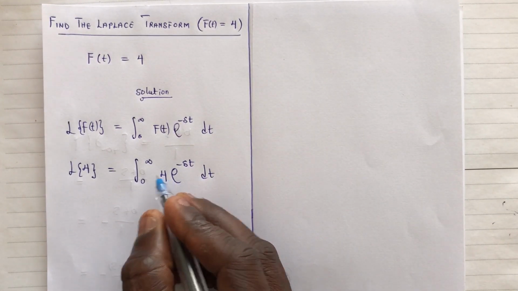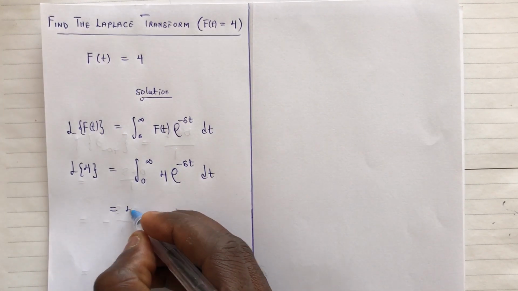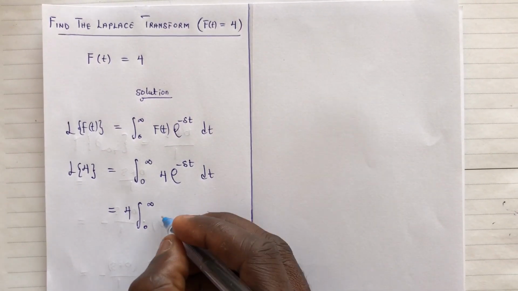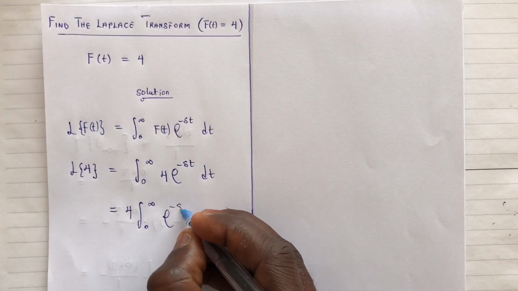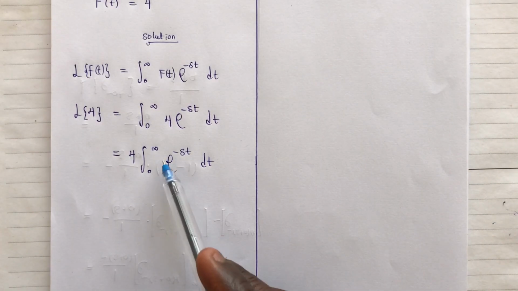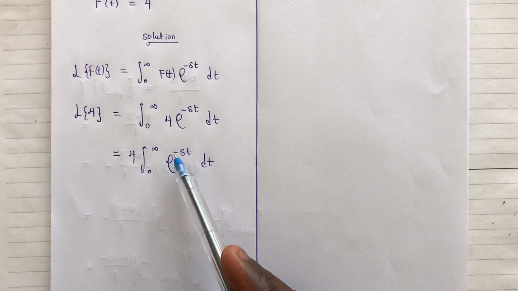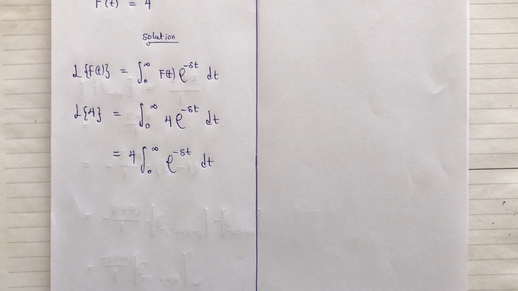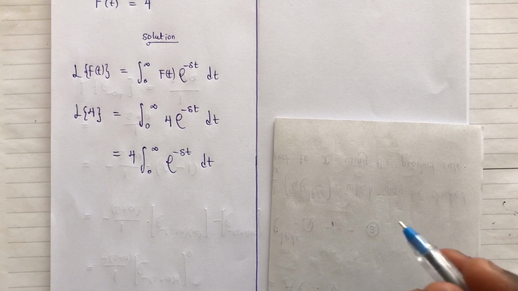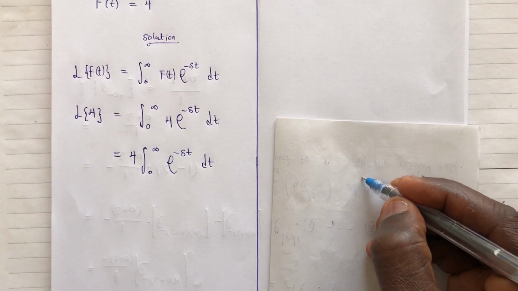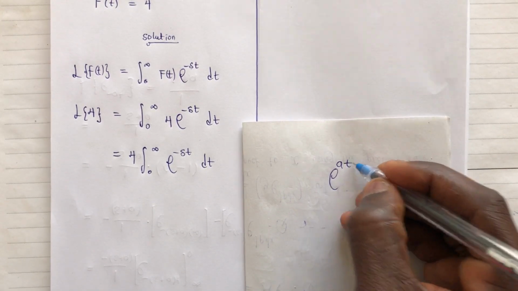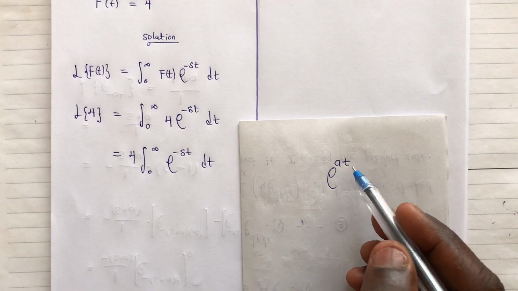I can factorize the 4 out, giving me 4 times the integral from 0 to infinity of e to the minus st dt. Alright, to make it very simple. Now from here we integrate e to the power negative st. Now let me show you how to integrate a function like that if this is the first time you are seeing my videos. So we have an exponential function, let's say e to the power at, or ax, whatever variable you want to use here.